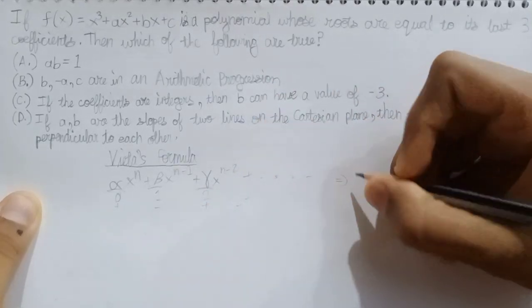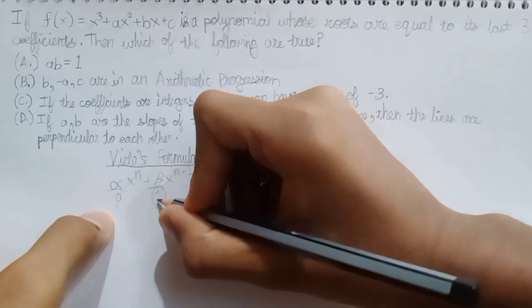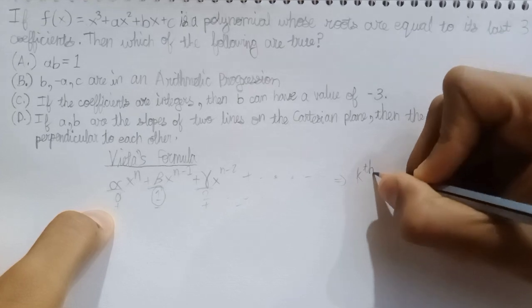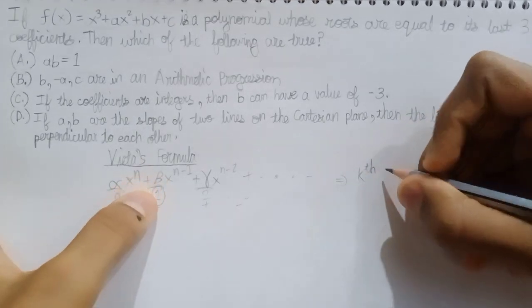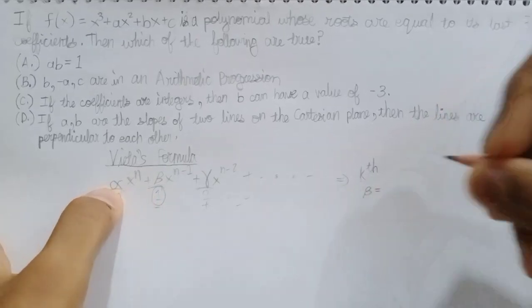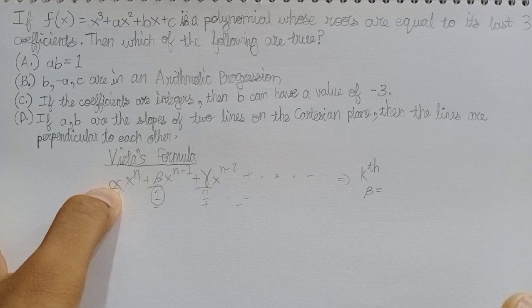What this says is that if you take the kth coefficient, let's say k is 1 here, so we have beta, this will be equal to the sum of the products of k roots taken at a time.